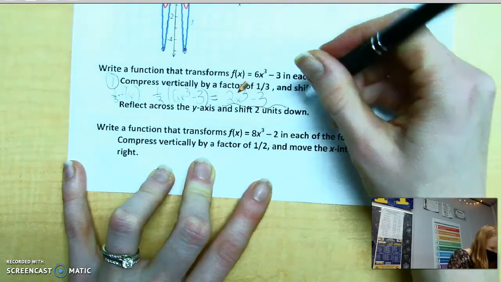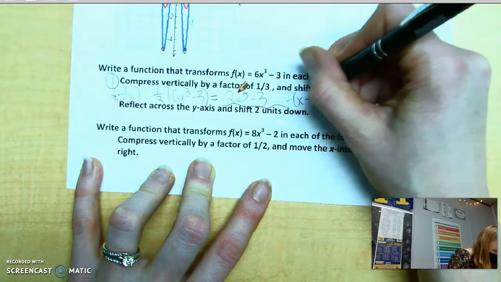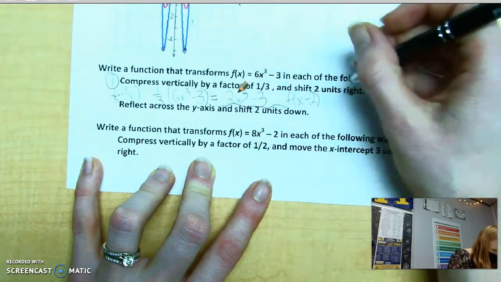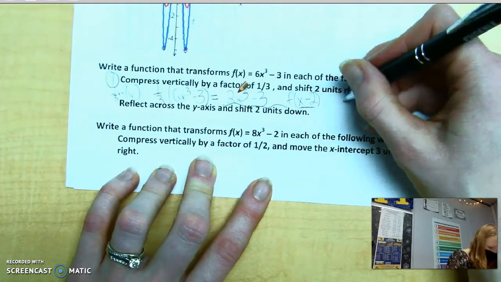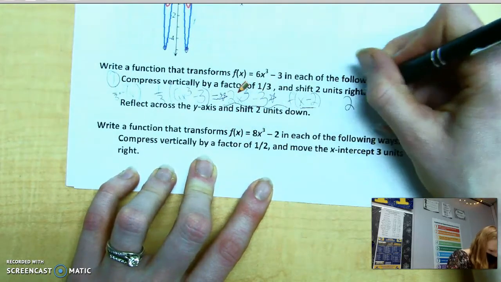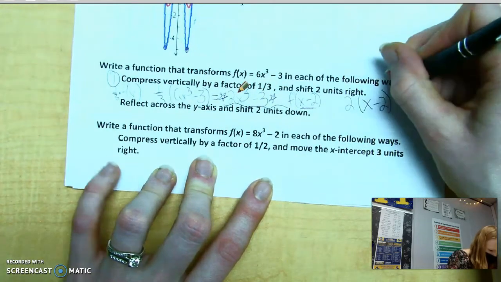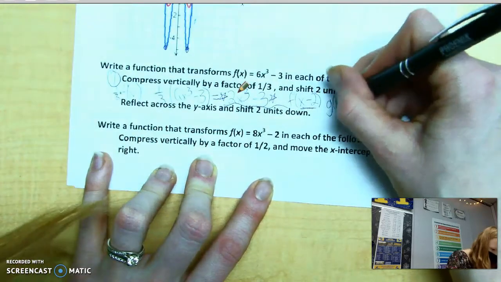And then once I have this, 2 units to the right means I have to go x minus 2 because x is a liar. So this means only the x is getting replaced with x minus 2, but we're going to use this new function here and replace that x with x minus 2. And then I have my g of x.